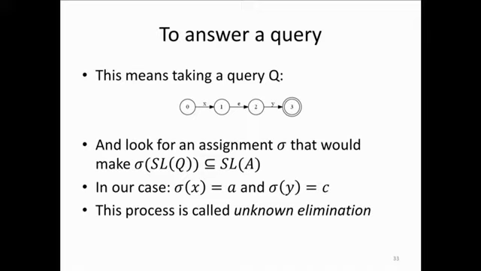So first of all, we turn our query into a DSA. And this DSA, if we have an answer to the query, is going to be less than or more partial than our database. And we look for an assignment that will give us language inclusion. That is, turn our query into a piece of the larger automaton.